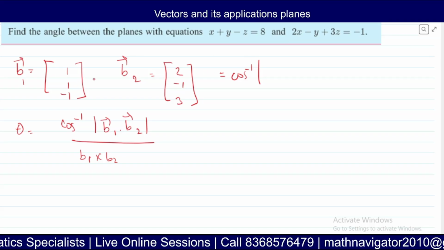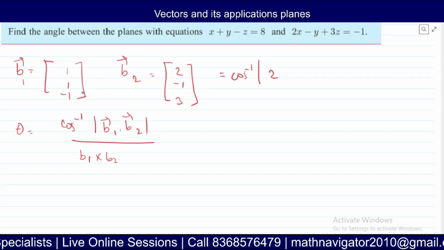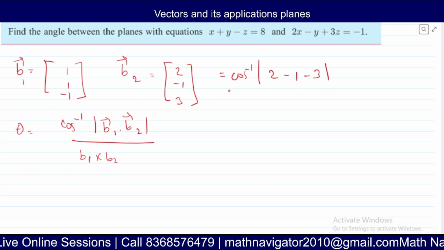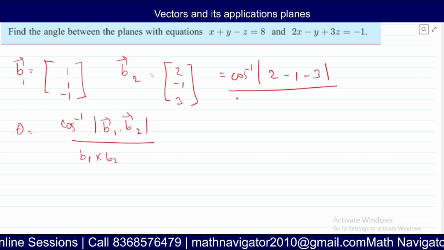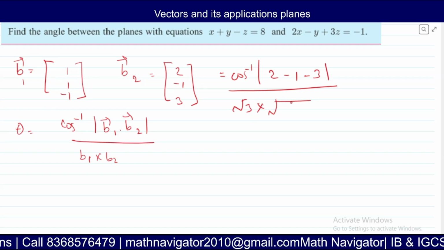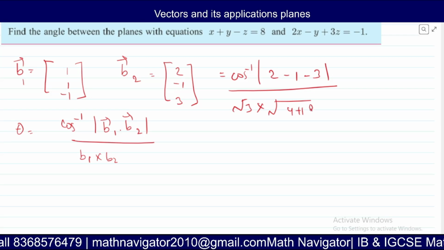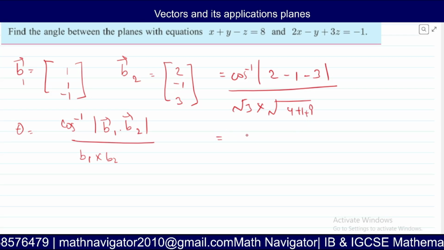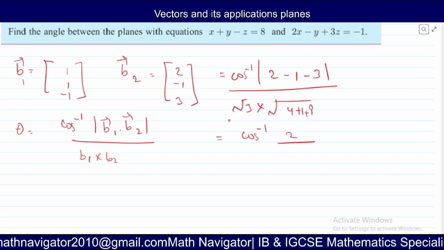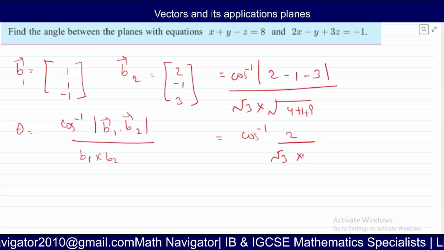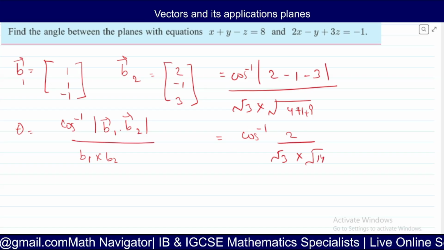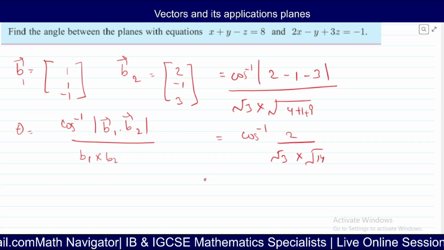Then you can take 1 times 2, 2. 1 times minus 1, minus 1. Minus 1 times 3, minus 3. Under root of 1 square plus 1 square plus 1 square, so root 3. Got it? Times under root of 2 squared is 4 plus 1 plus 9. So cos inverse of 2 divided by root 3 times root 14. So when you solve it, you will get the answer. You can do it on the calculator as well.